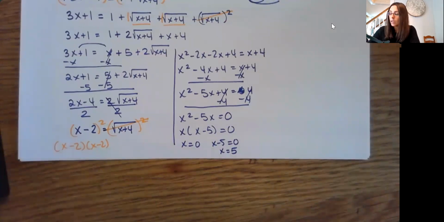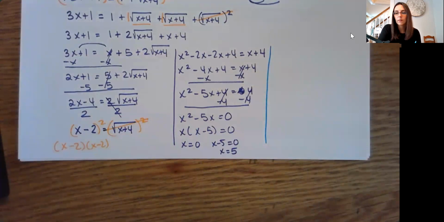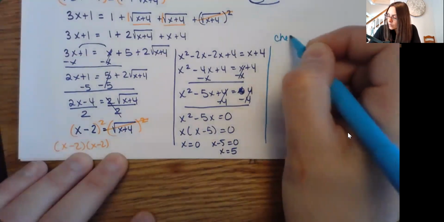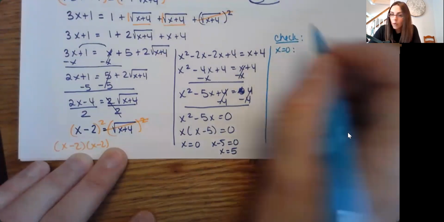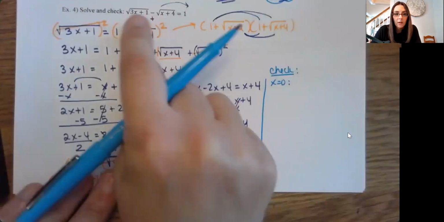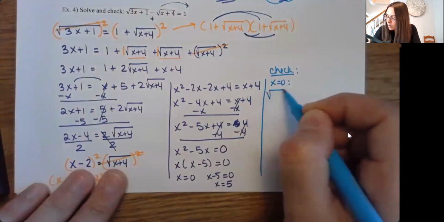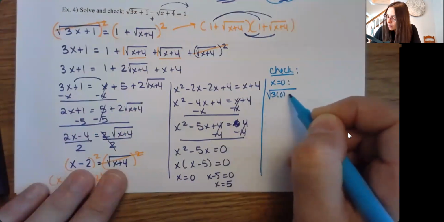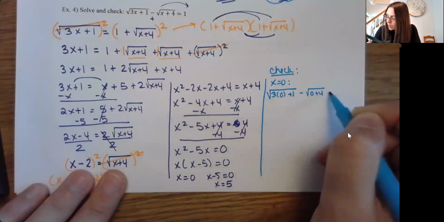But don't forget, you do have to go ahead and check this. And I do have to check them each separately. So I'm going to check x equals 0 first, and I go right back to the original equation. So you want to go back before you start squaring everything. So it's the square root of 3 times 0 plus 1 minus the square root of 0 plus 4 equals 1.